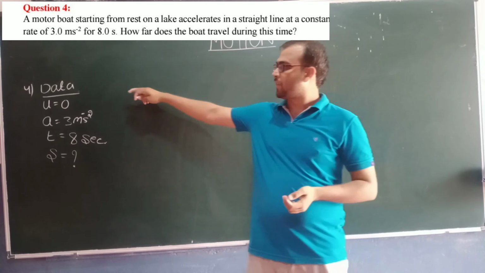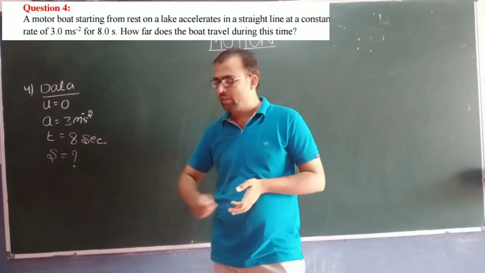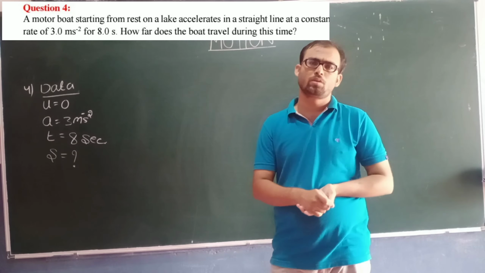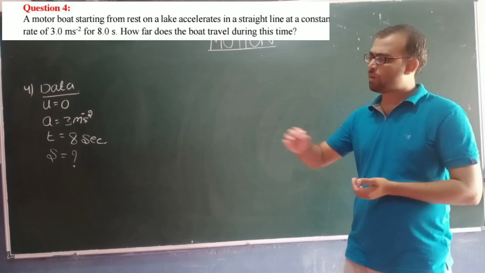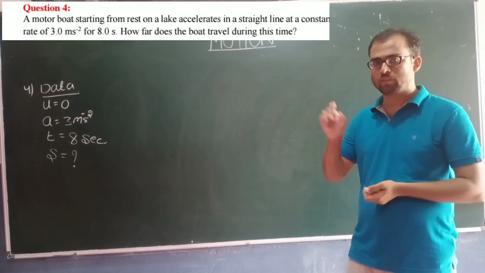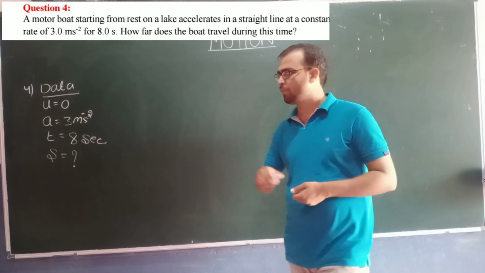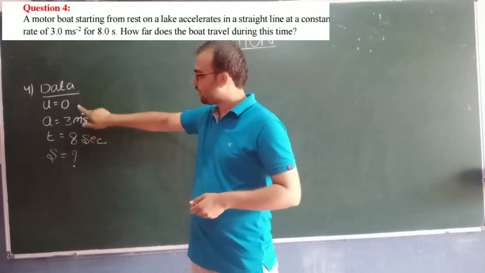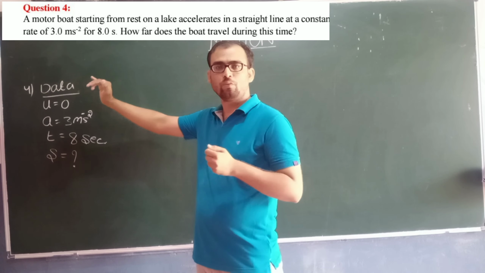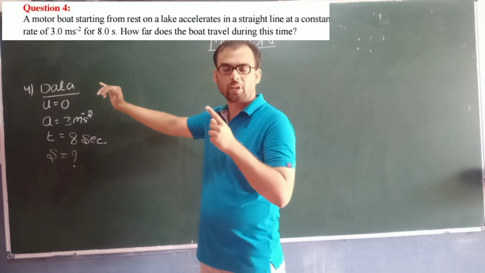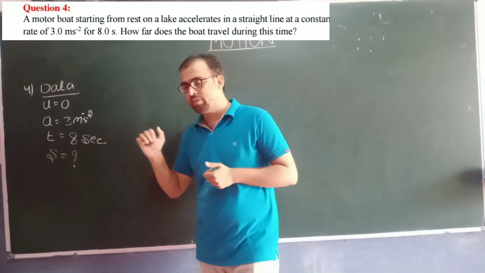Students, look here. You have u, a, t, and you need to calculate s. So which formula holds good? To find the distance traveled by the boat, which formula will you use? You have three equations of motion. So to get s, which formula can you use? Just think. u is given, not directly, but u is equal to 0, because the motorboat is at rest. u is there, a is there, t is there, and we want s.